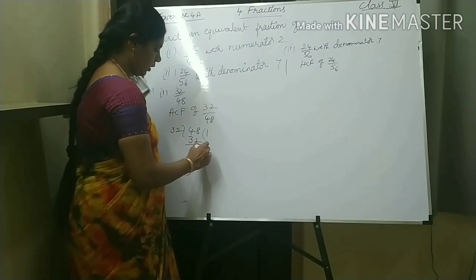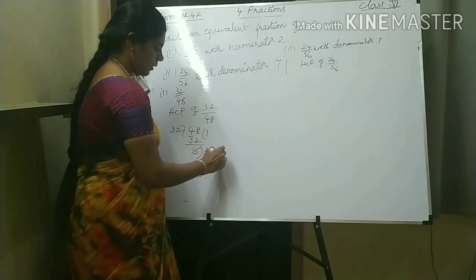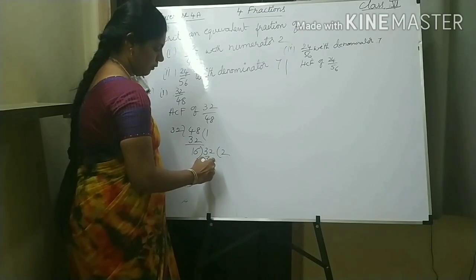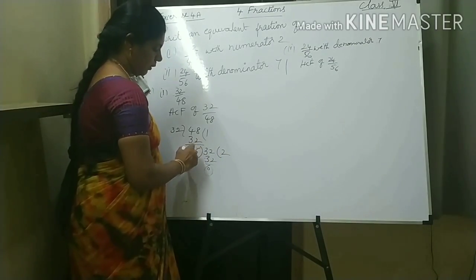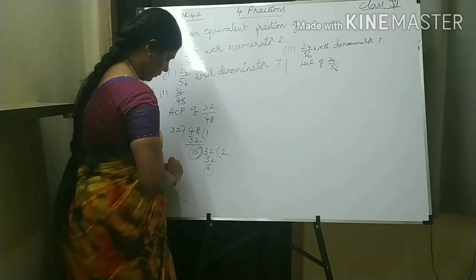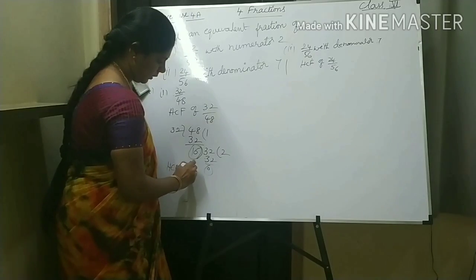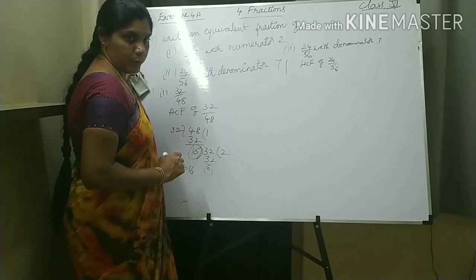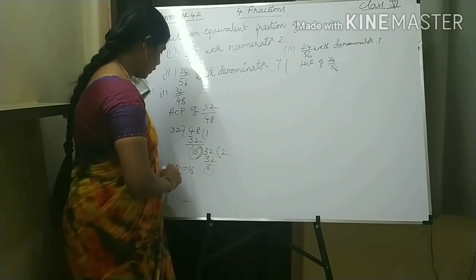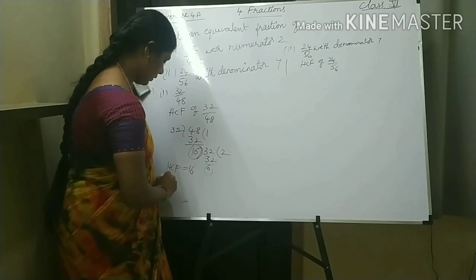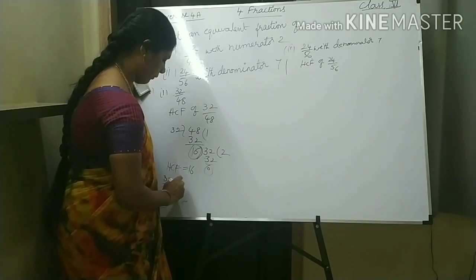Again with this remainder, divide this divisor 32. 16 2s are 32. What you get here? 0. So your HCF is 16. What we have to do? We have to divide both numerator and denominator with HCF.